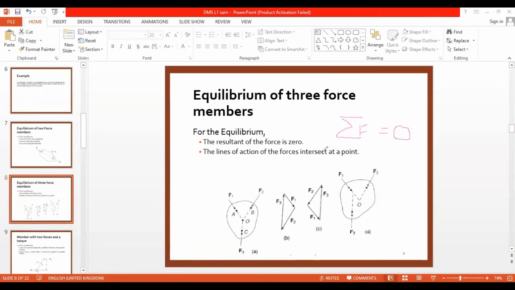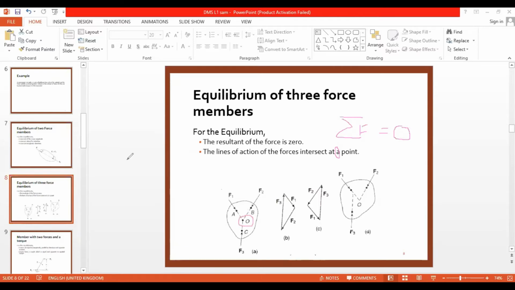If the lines of action of all the forces intersect at one point, then only the body will be in equilibrium. If you see, F1 is going through this point O, F2 is going through this point O, and F3 is going through this point O. So all three forces are passing through this particular point.